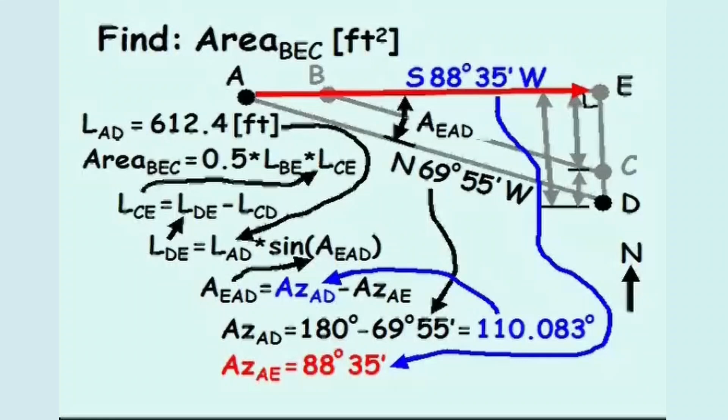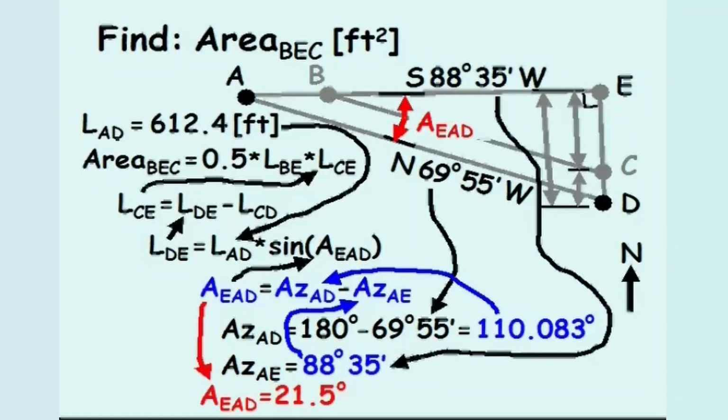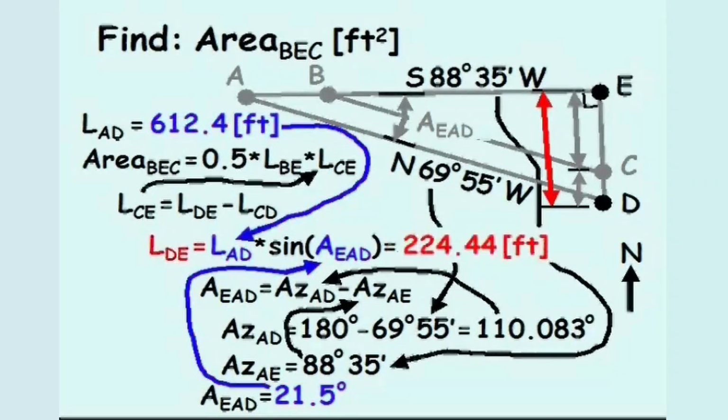This makes the angle EAD equal to 21.5 degrees. Plugging in the values of angles EAD and side length AD, the length of line segment DE equals 224.44 feet. Next, we'll solve for the length of line segment CD.